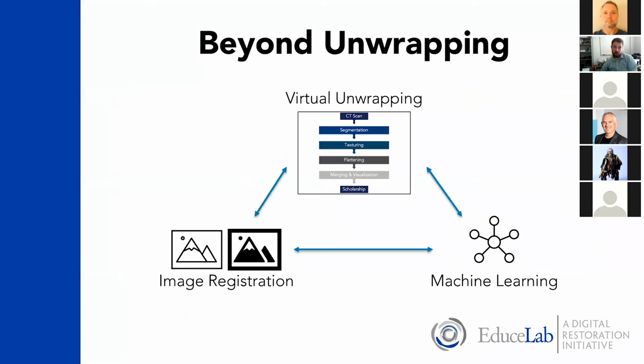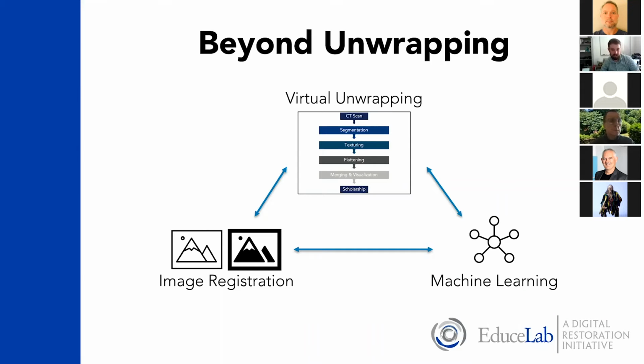Also looking forward, we're moving beyond virtual unwrapping. We have machine learning elements and image registration elements and code bases from outside of our control that we're using that we would like to also instrument with all of this automatic metadata tracking. And so there's a bidirectional thing here that needs to happen, and whatever the thing I'm about to show you does, it needs to be able to support those things going forward.